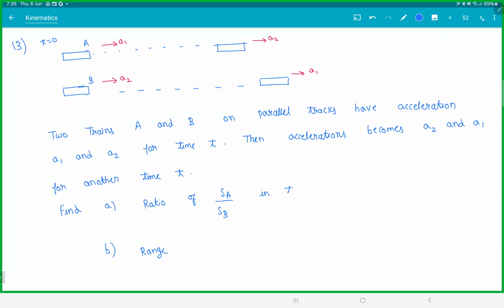Then whatever this ratio you get, SA by SB ka range. Range meaning what is the maximum and the minimum value of this range. Because your answer will come in terms of A1 and A2. So for that SA by SB ka ratio, what is the maximum ratio? What is the minimum ratio you can get? Let's get this.